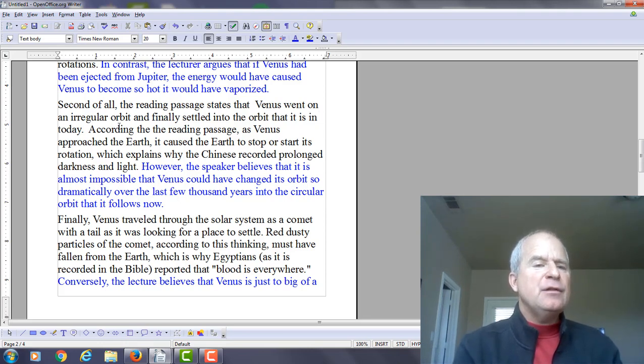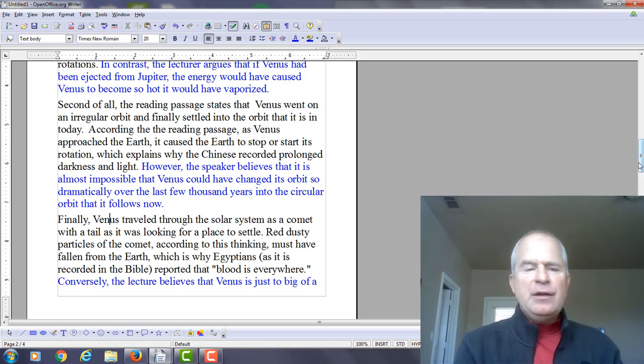According to the reading passage, as Venus approached the Earth, it caused the Earth to stop or start its rotation, which explains why the Chinese recorded prolonged darkness and light. However, the speaker believes it is almost impossible that Venus could have changed its orbit so dramatically over the last few thousand years into the orbit that it follows now.